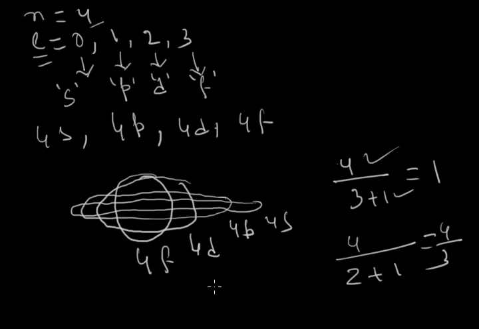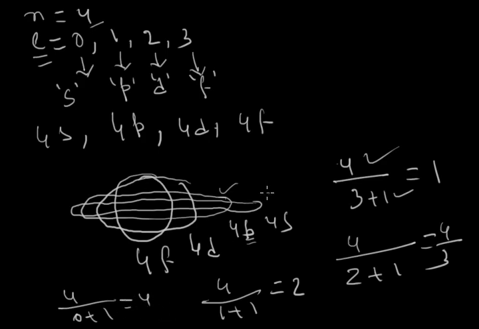In case of 4p, the value is 4 by 1 plus 1, because for P, L is 1. That is, it is equal to 2. Ellipticity is more. So 4p is more elliptical. And 4s, it is 4 by 0 plus 1, that is, the major axis is 4 times greater than the minor axis. So its ellipticity is maximum.